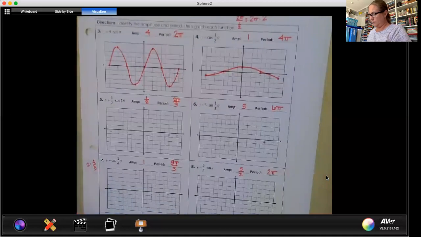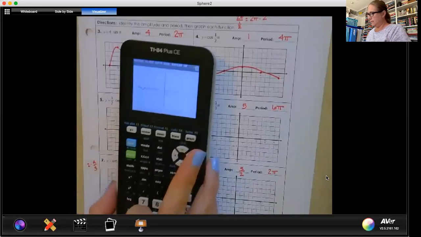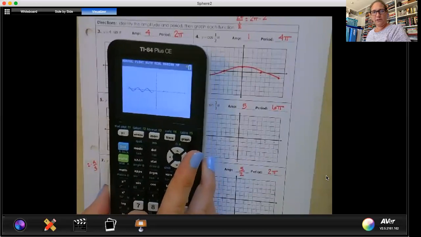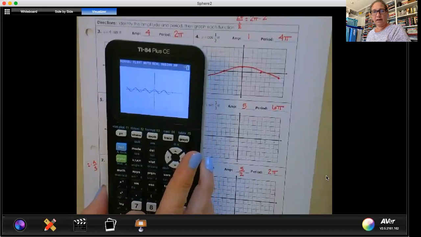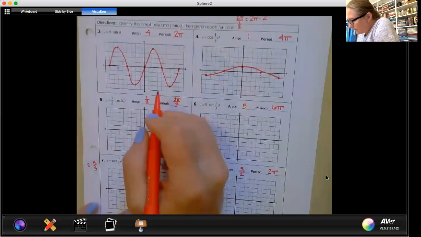And then our next one, 1/2 cosine 3x. There's a lot going on here. So we're just going to do our best. Our height's 1.